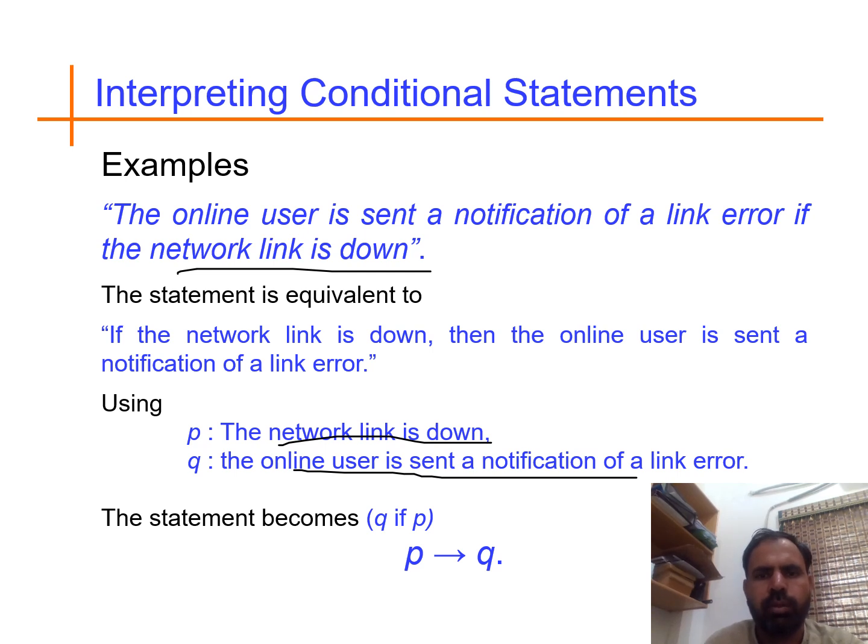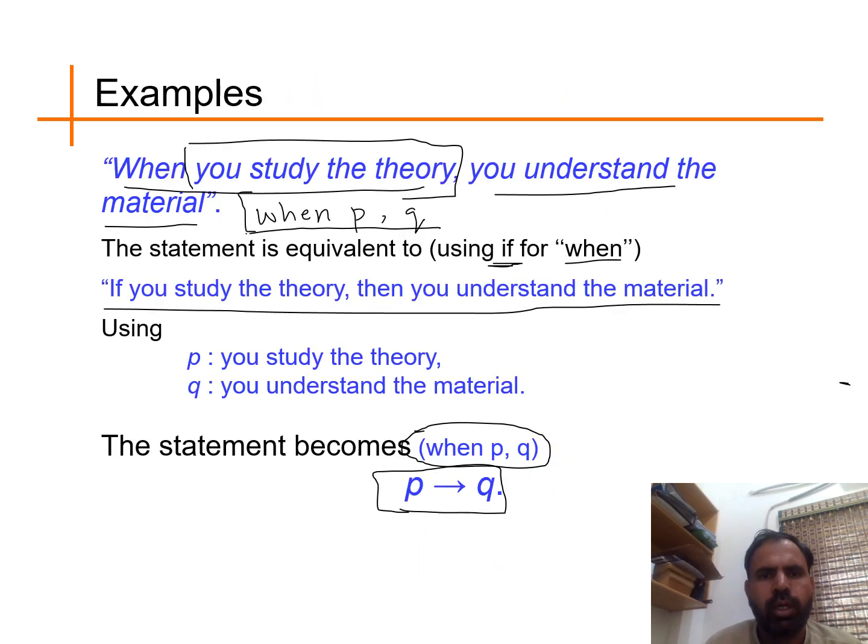The statement becomes Q if P, P implies Q. And the second example, when you study the theory, you understand the material. We briefly described this in the previous slides. If P is you study the theory, then Q means you understand the material. So P implies Q.